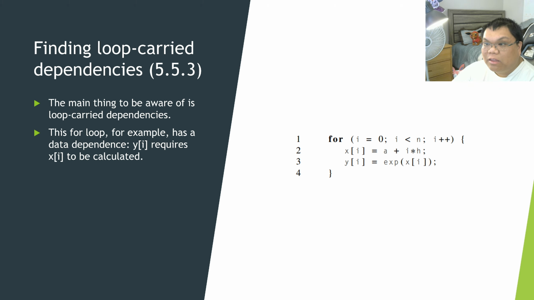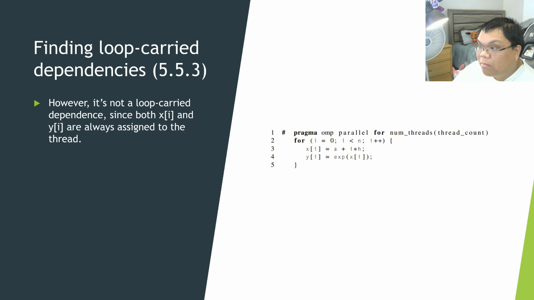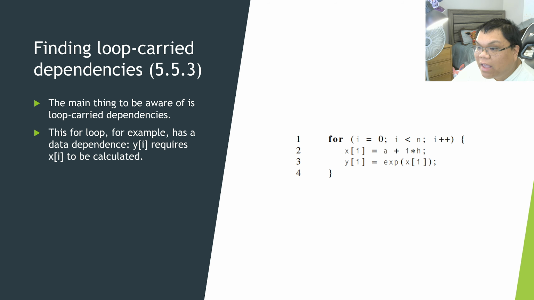So really the main thing to be aware of is those loop carry dependencies. This for loop, for example, has a data dependence where y_i requires x_i to be calculated. But it's not a loop carry dependency.